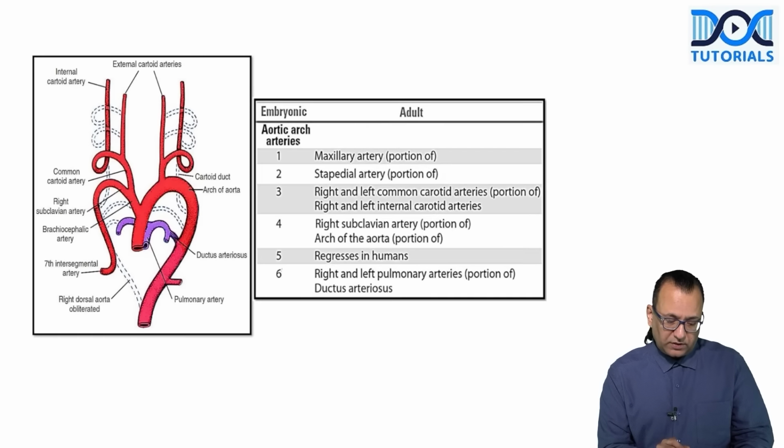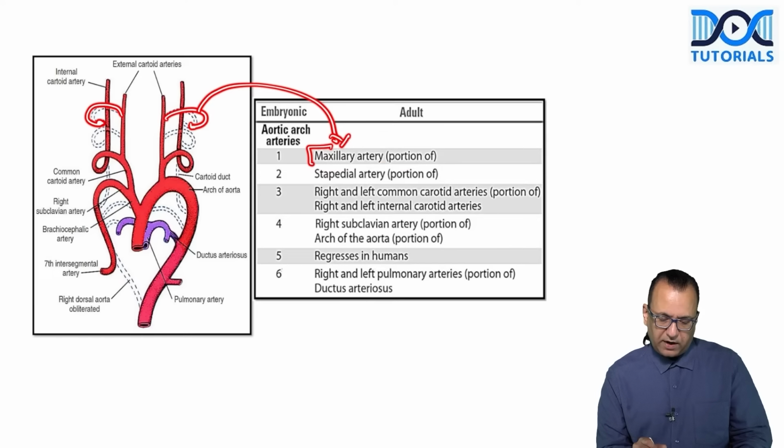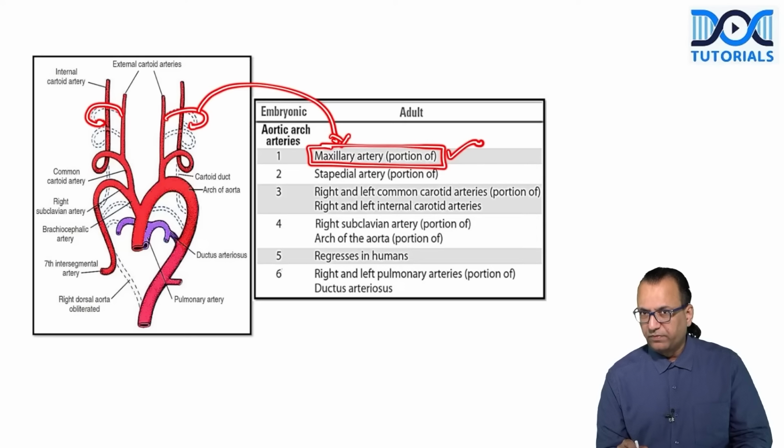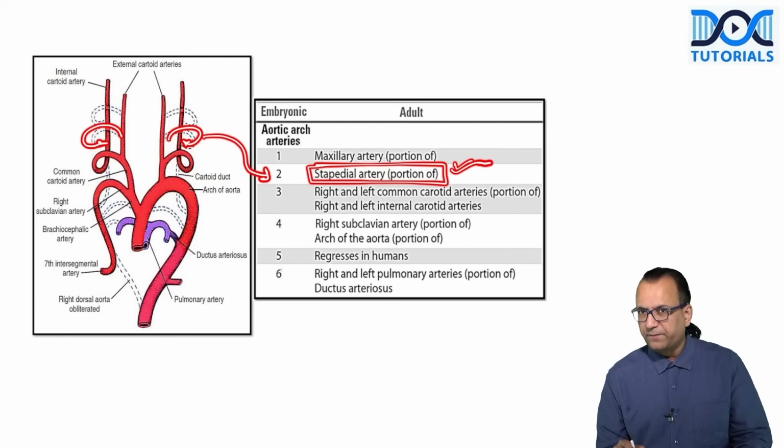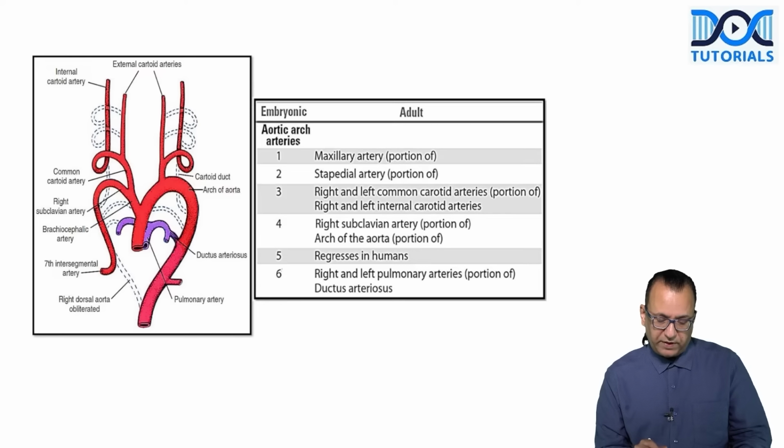You see, the first pharyngeal arch, right side or left side, disappears, leaving behind a part of the maxillary artery. On the other hand, arch artery number 2 is also disappearing, leaving behind part of the stapedial and hyoid arteries. Arch arteries 3, 4 and 6 have significant contribution in the result.